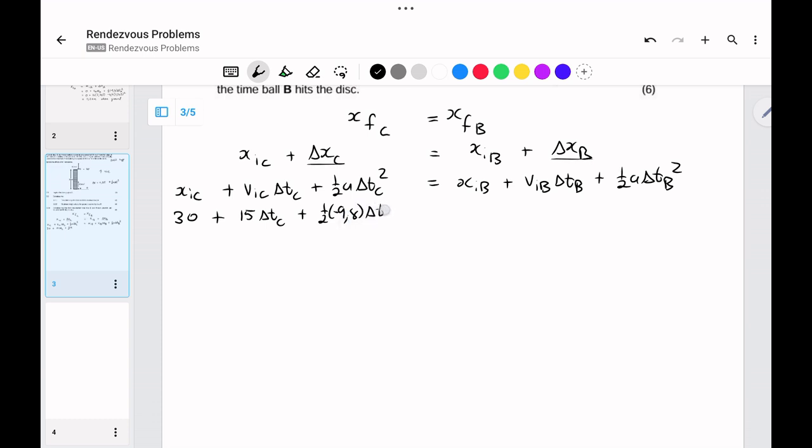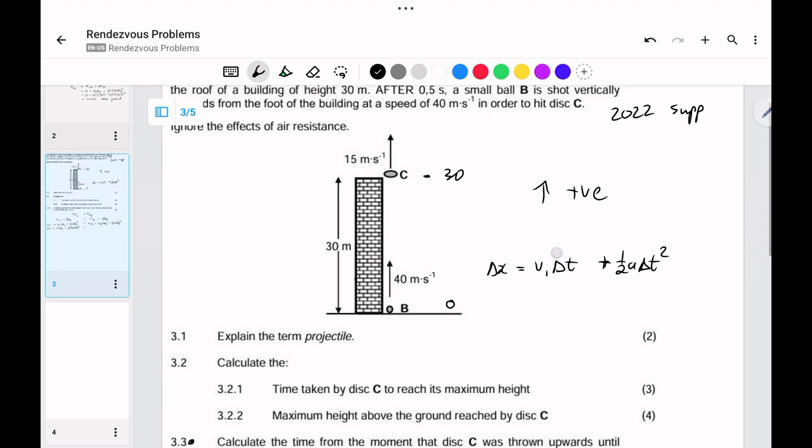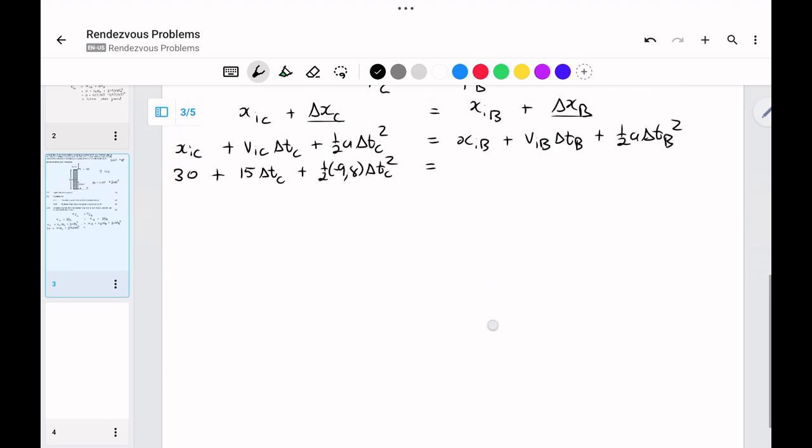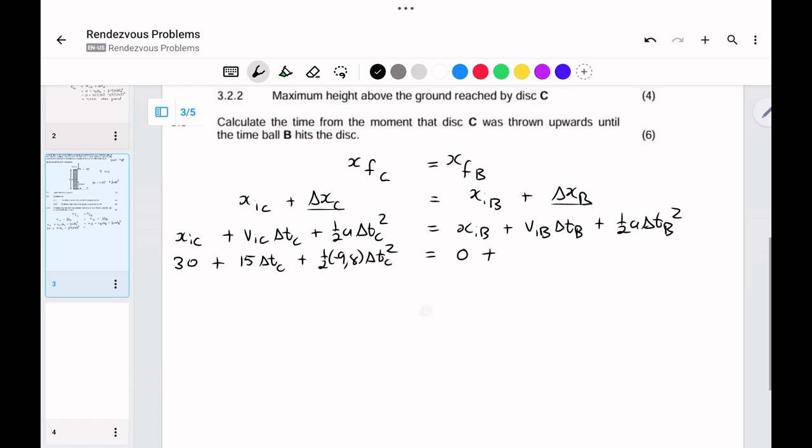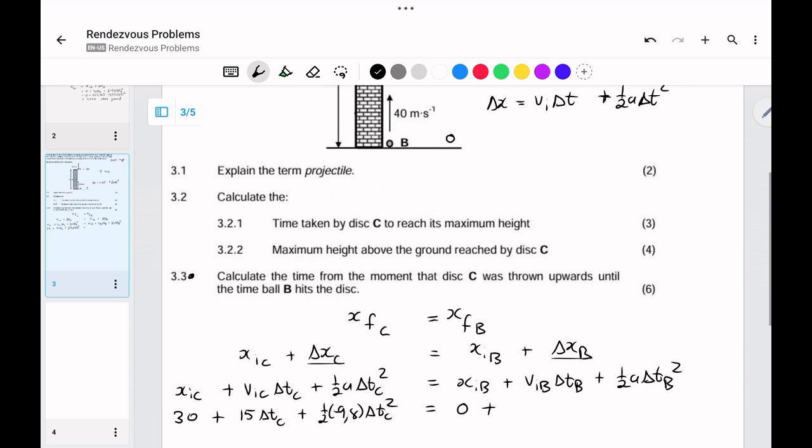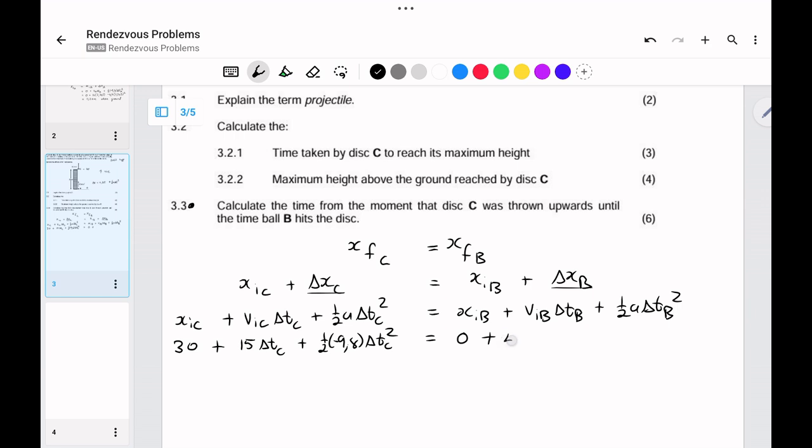Because I said that I'm taking up to be positive. What's the initial position of B? The ground, which we said we would take as 0. Initial velocity of B is 40 meters per second upwards, so positive 40 times time for B plus 1/2, again minus 9.8 times time B squared.